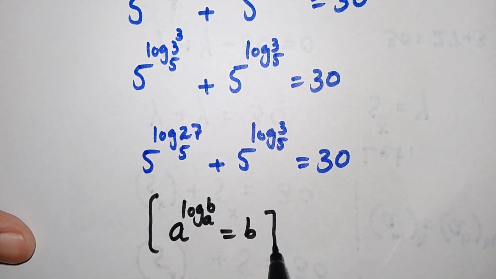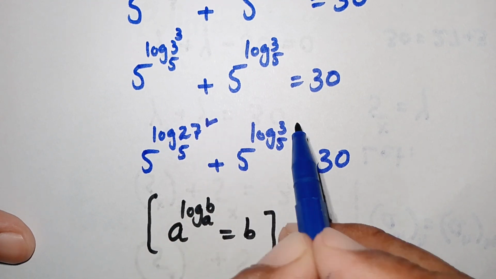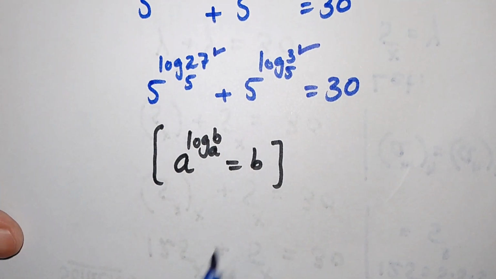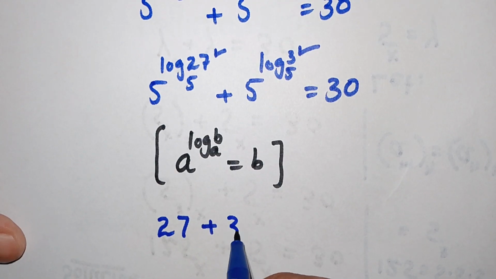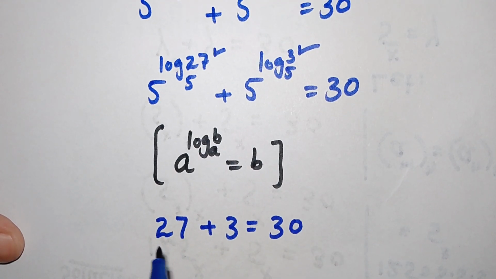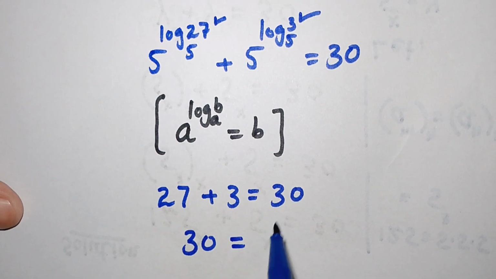So here to apply this condition, b is equal to 27 and here b is equal to 3. So this will become 27 plus 3, which is equal to 30, and finally 27 plus 3 is equal to 30, which is equal to 30 at this side.